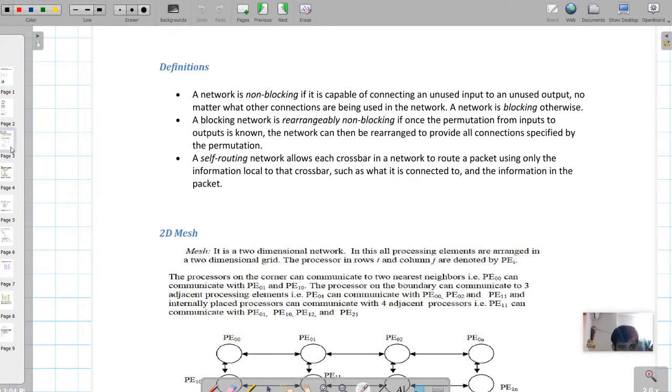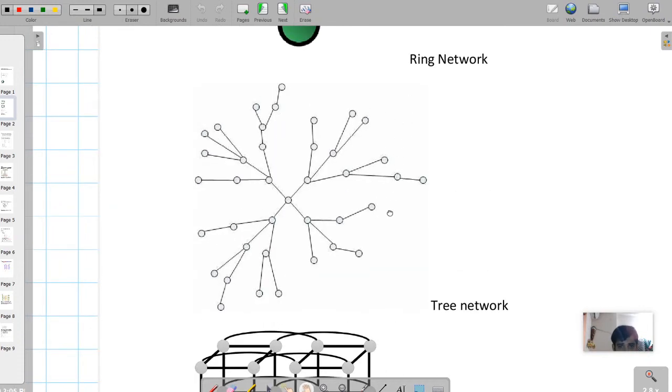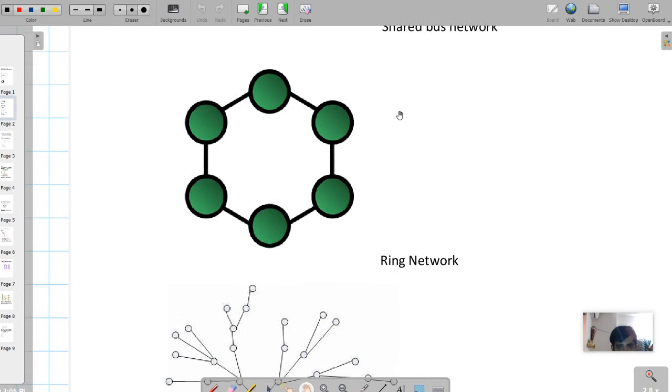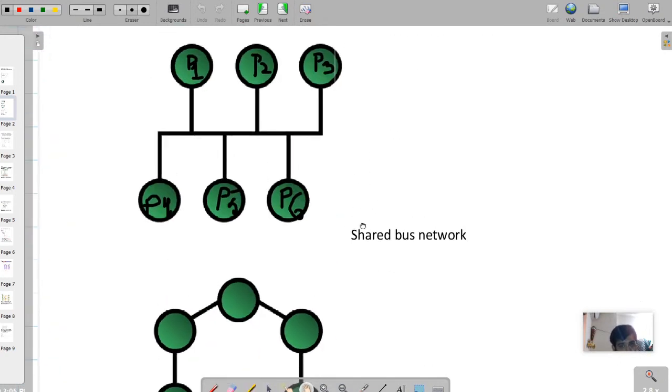To get a sense from this definition, let me go back to our previous diagrams.